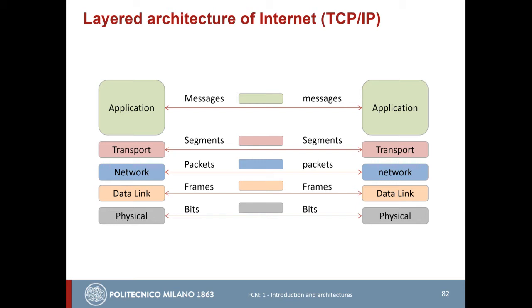So this is basically the TCP/IP protocol stack or architecture, and we have to notice that the TCP/IP protocols are specified only in the application, transport, and network layers, while the data link and the physical layer are not part of the Internet specifications, the standardization documents called recommendations that specify the protocols.